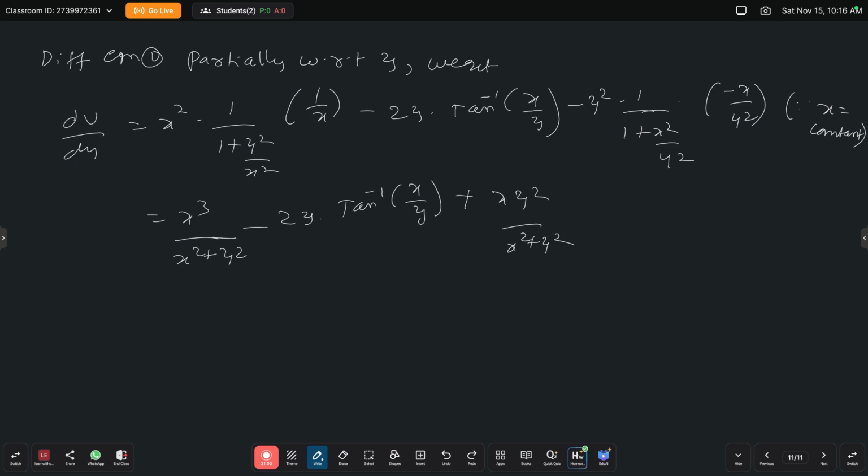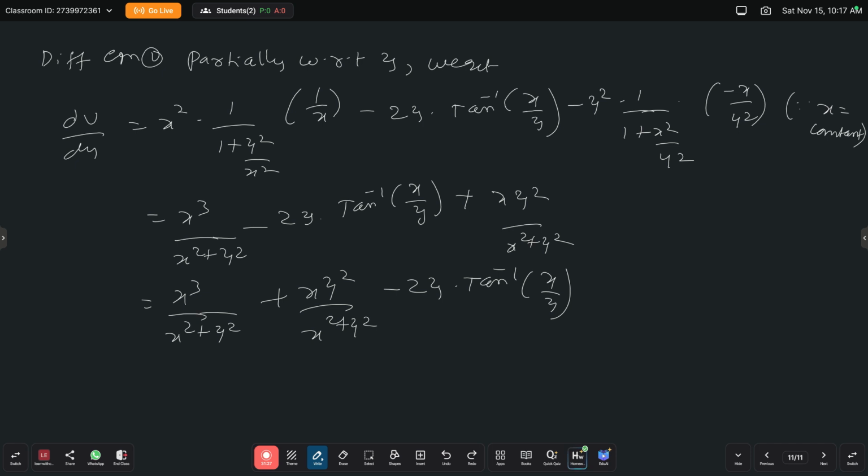Now x is a common factor: x cubed by x square plus y square plus x y square by x square plus y square minus 2y into tan inverse of x by y.